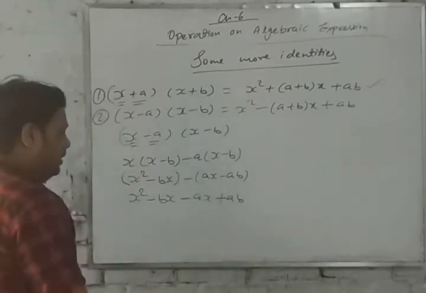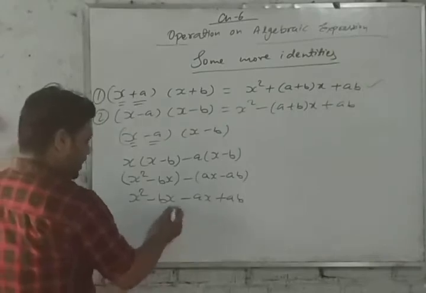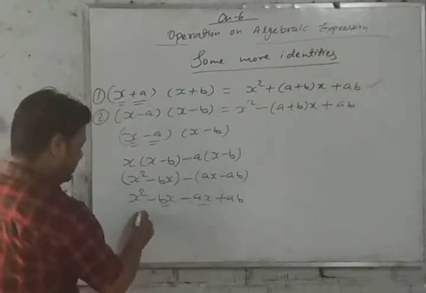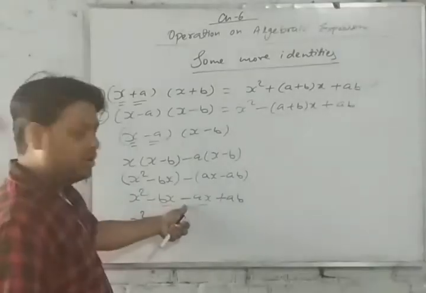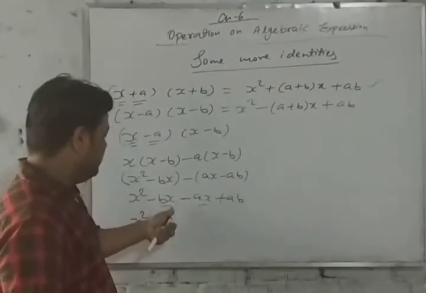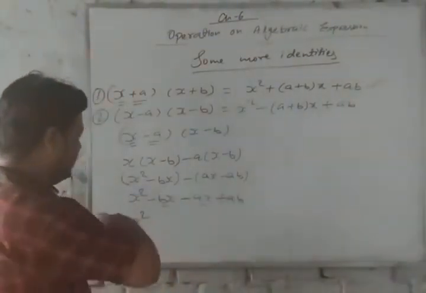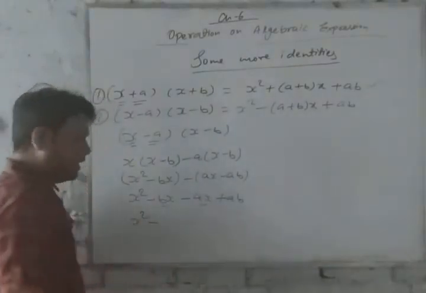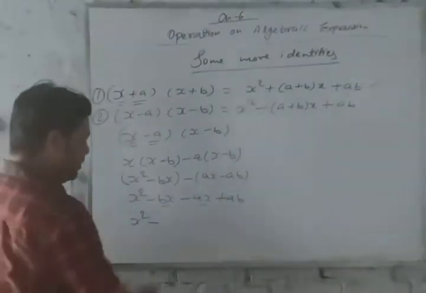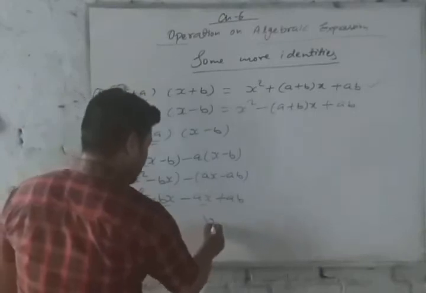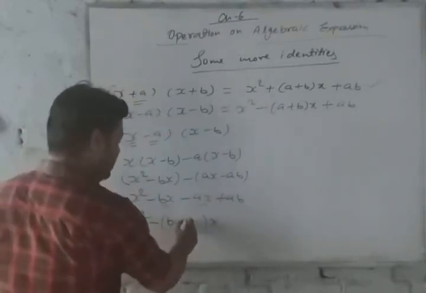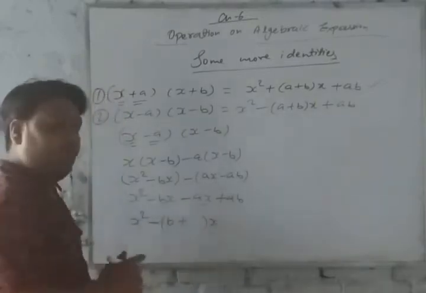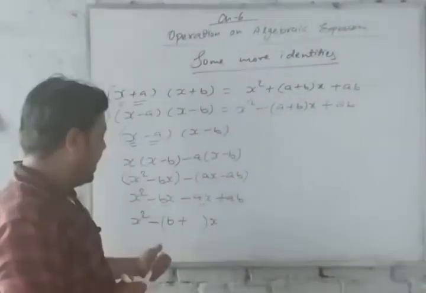Now again we take common, and we take minus common also, because both terms have a minus sign. So take minus outside. Now minus, and here x, then here b, and here plus a, because the sign will change if you remove the bracket.